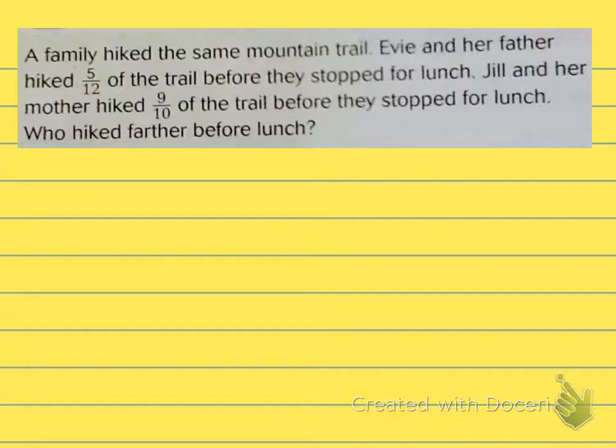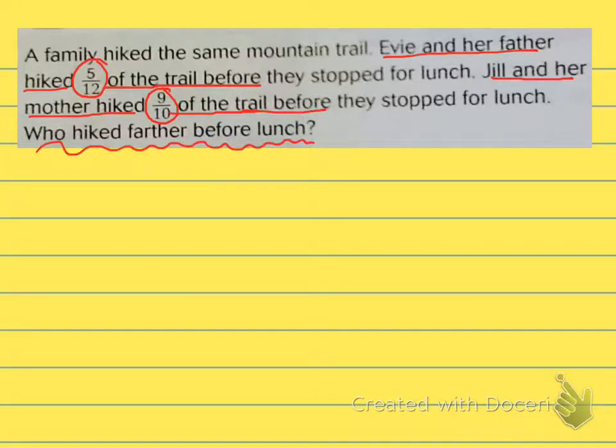Evie and her father hiked 5/12 of the trail. That's how far they got along on their trail before they stopped for lunch. Jill and her mother hiked 9/10 of the trail. They got 9/10 along the way before they stopped for lunch. Who hiked farther before lunch?